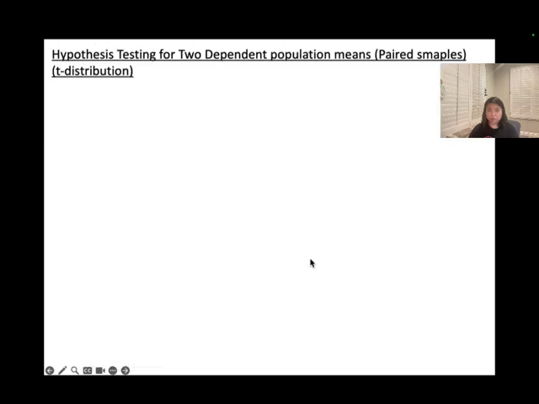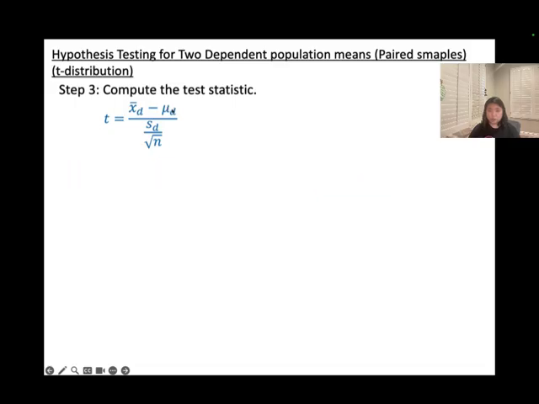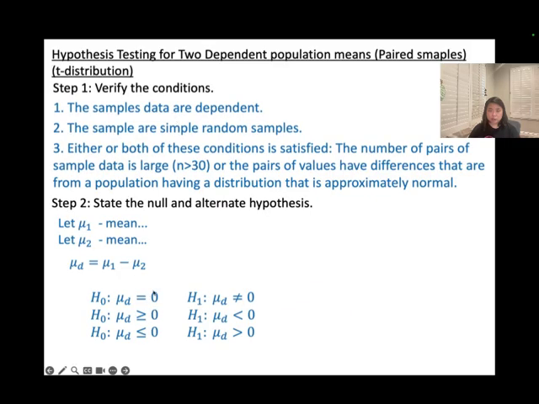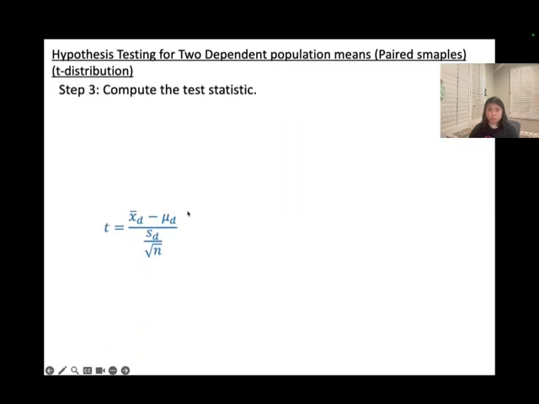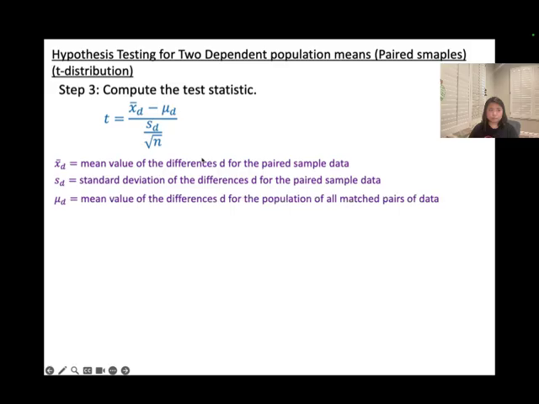And the population mean of the difference, you can look at here, will be equal to 0. For this course, it's always going to be equal to 0. It's better if you put the preference here when you're using the calculator.